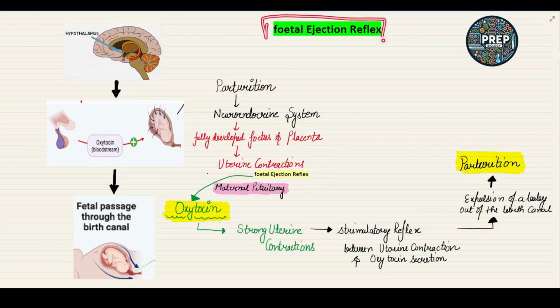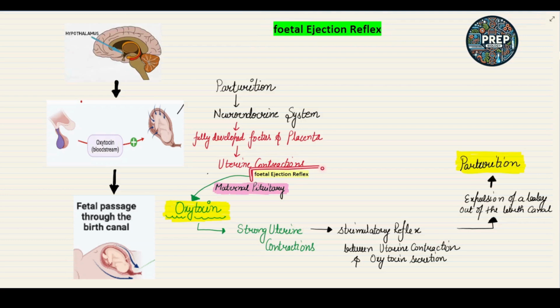So the contractions of the uterus that take place are called the fetal ejection reflex. This is very, very important.